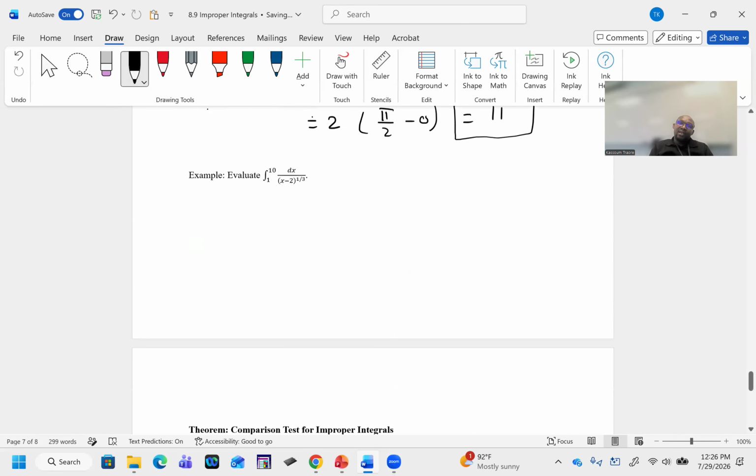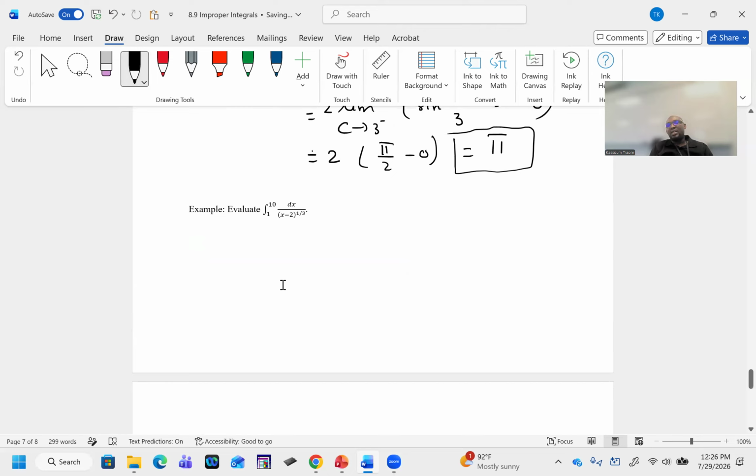Next, we have to evaluate the integral dx over x minus 2 to the power of 1/3 from 1 to 10. So again, we can see this integrand is unbounded where?